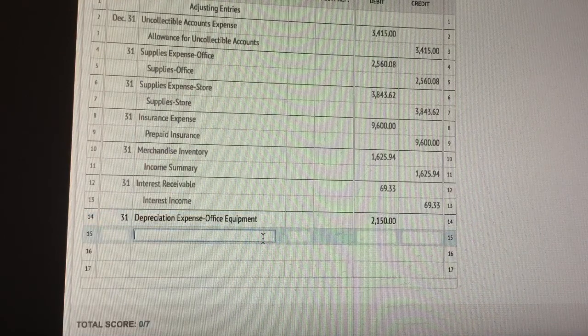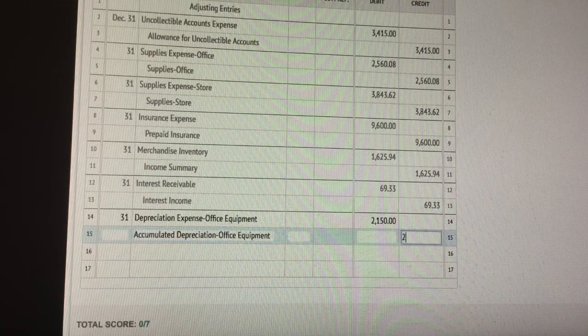Its additional account is accumulated depreciation dash office equipment, and it's the same amount, 2150.